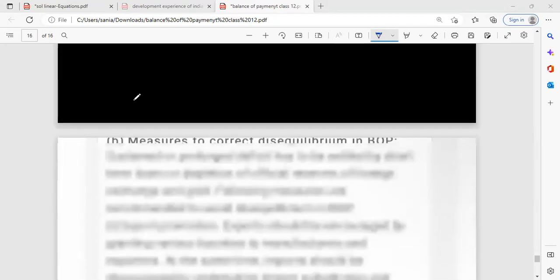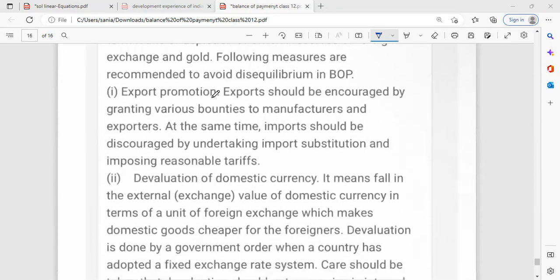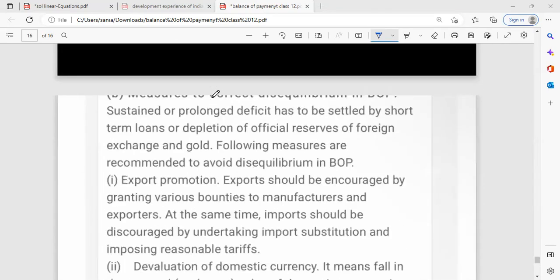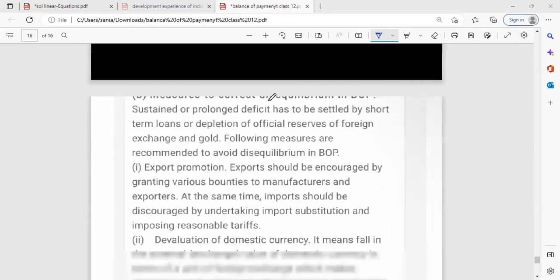Okay, students. So after this, we have the next topic: what are the measures to control the disequilibrium?